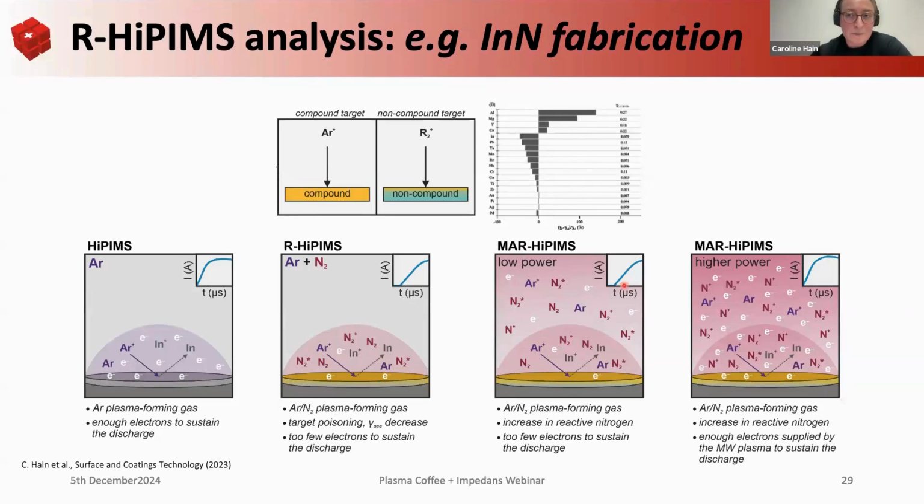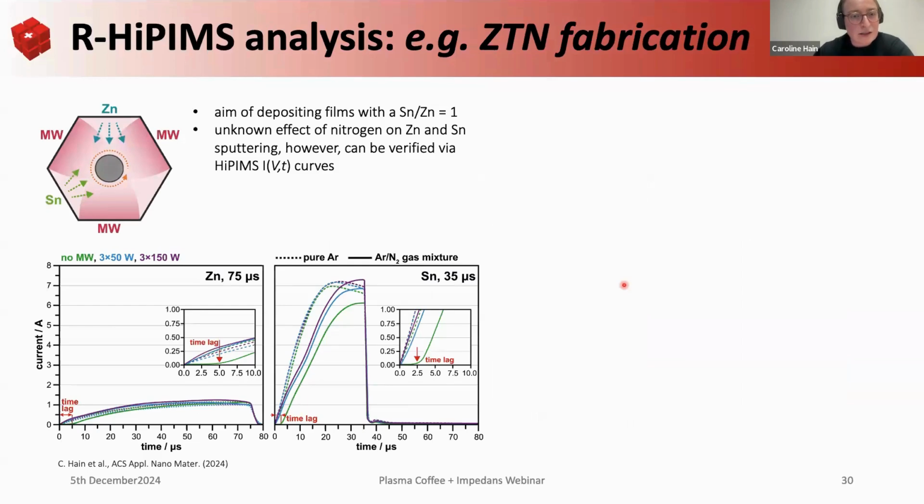And then for my final example, still staying with reactive sputtering, but now moving to zinc-tin nitride. Similarly to indium, we first wanted to understand how it behaves when in contact with nitrogen. It behaves very similarly, creating these time lags. We understood that we can move to higher microwave powers to revert this effect.